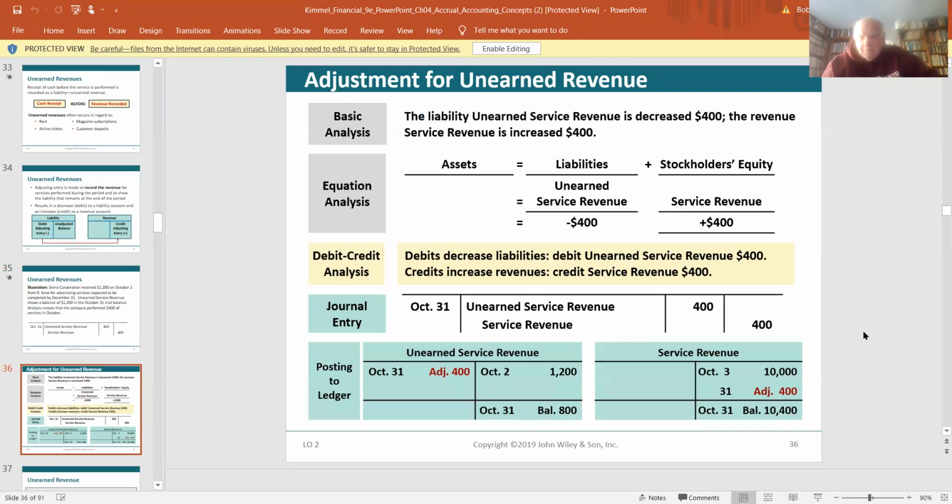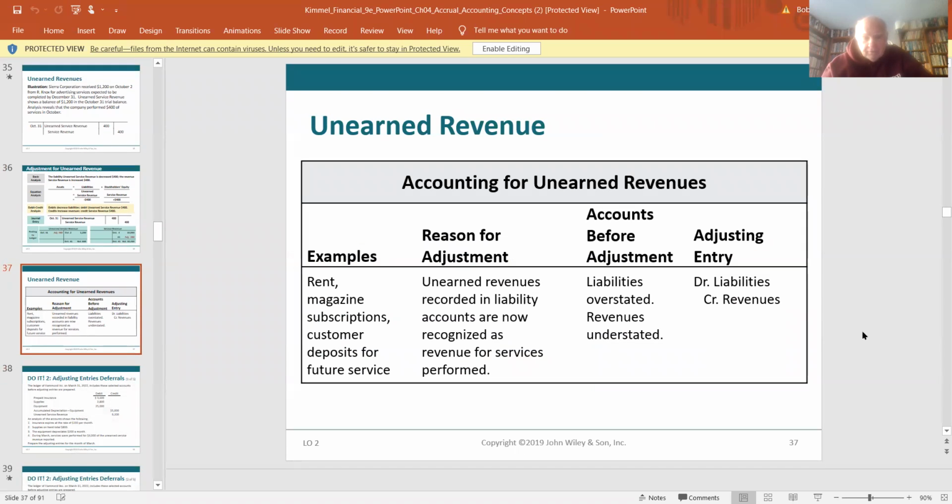At the end of the month, the tenant spent 1 month in the apartment or whatever it was. So we're going to now debit the liability unearned revenue and credit service revenue. And our trial balance is adjusted properly for that. And they're showing you accounting for unearned revenues.